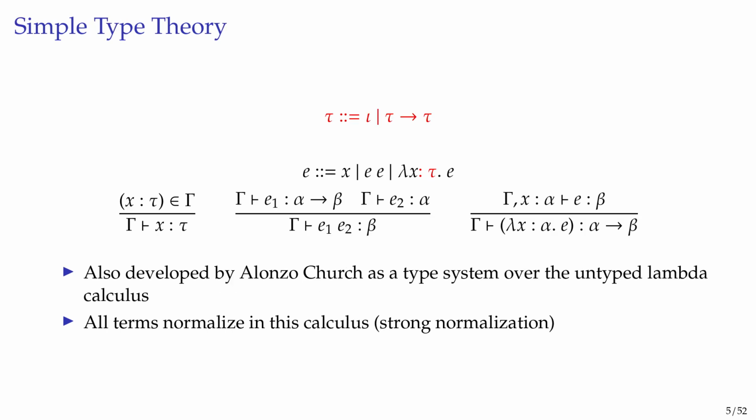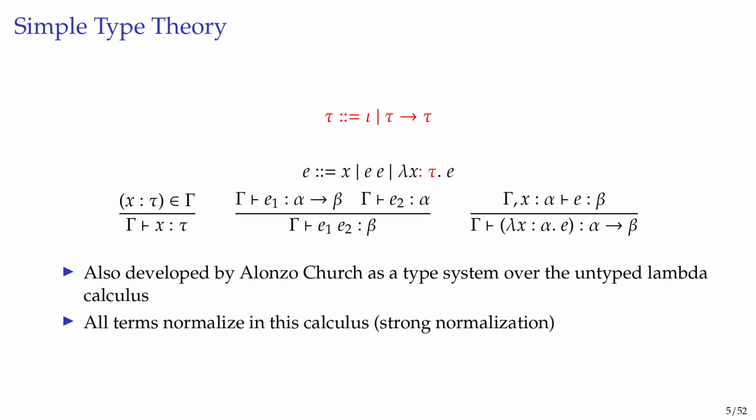We can add types to this by saying that we have some type tau here on the lambda. Here I've just given a very basic grammar of types. We have some type of individuals, iota, and then an arrow type which represents functions. Now these are the typing rules.